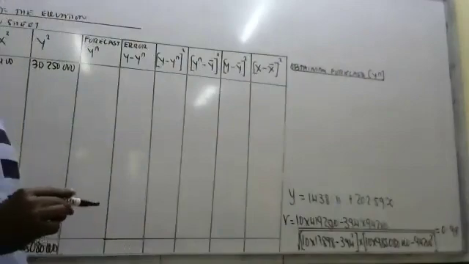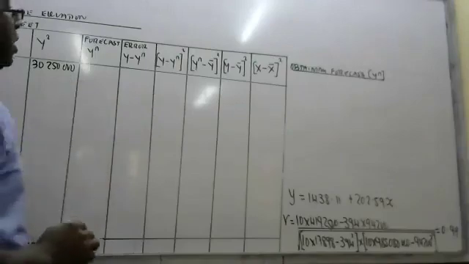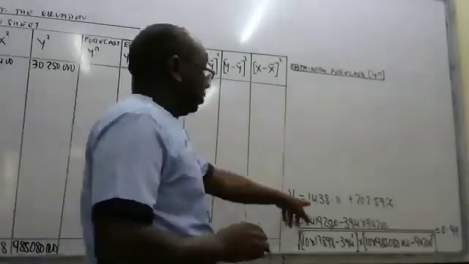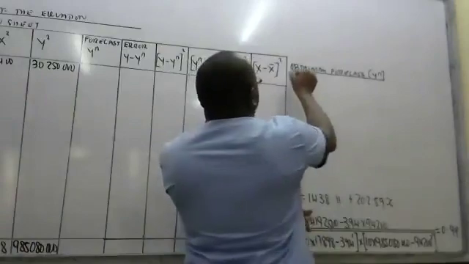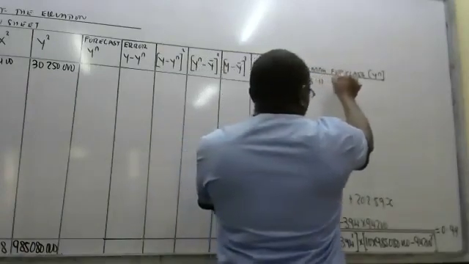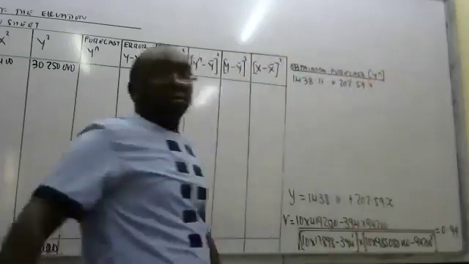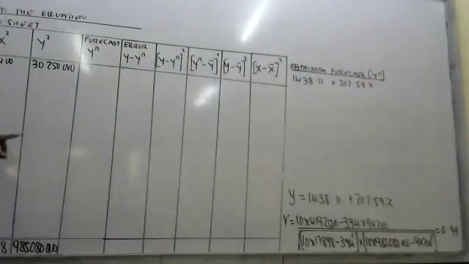We shall just do one or two in the right account state. So take this question: 1438.11 plus 202.59 times the value of x. The value of x here is 20.